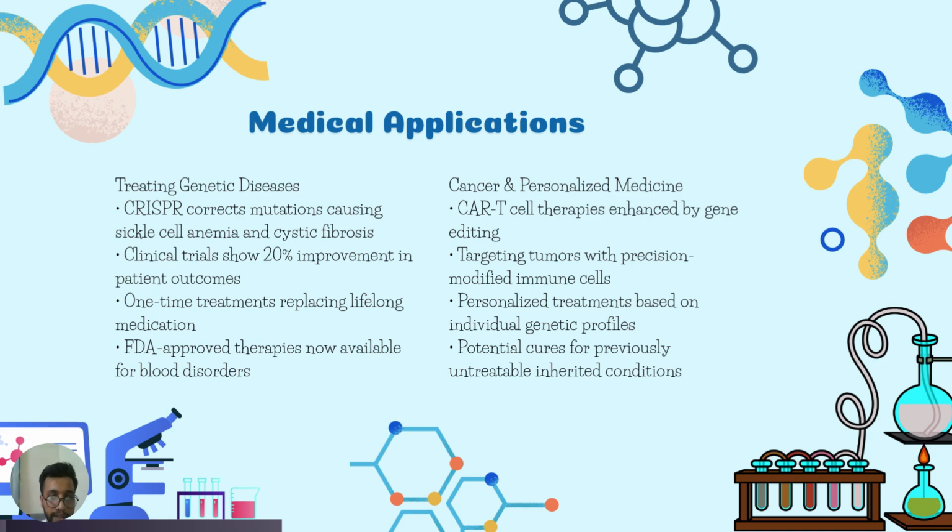Instead of managing symptoms for a lifetime with endless medication, CRISPR targets the root genetic mutation to offer potential one-time cures. Furthermore, in cancer therapy, we are using gene editing to supercharge our own immune cells, like upgrading an ordinary police force into an elite tumor targeting squad via enhanced CAR-T cell therapies.